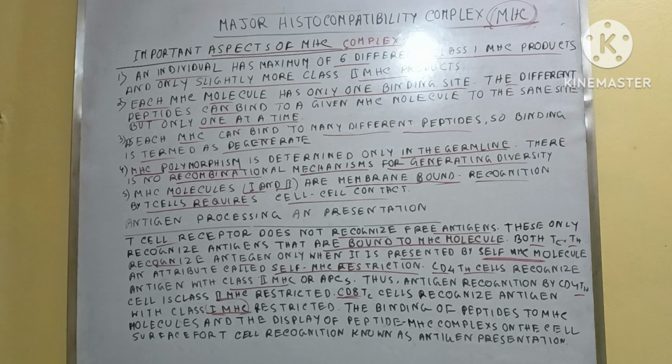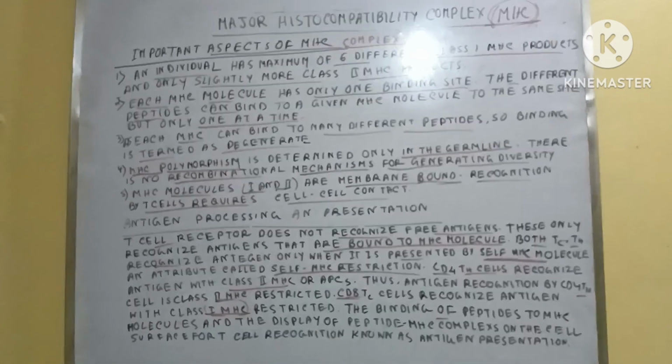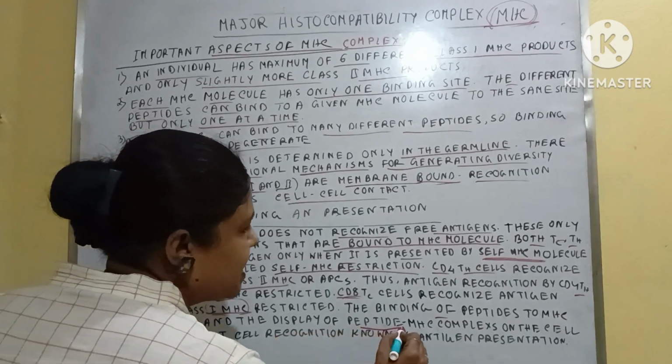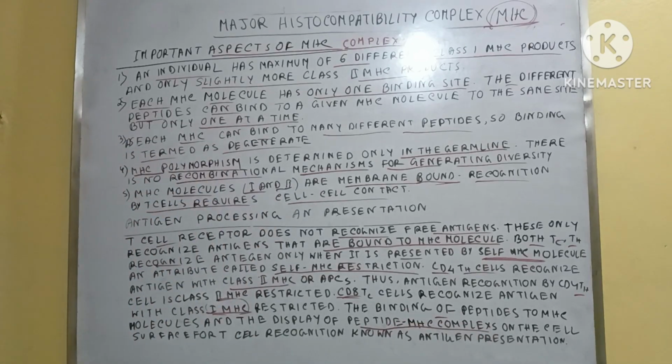This process is known as antigen presentation. It is the binding of peptides to the MHC molecule and the display of the peptide-MHC complex on the cell surface for the TC cells or TH cells.